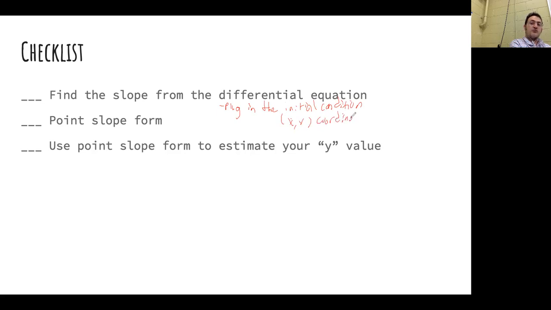And you are given the x and y coordinate in these problems. Then you want to use point slope form to come up with a general equation for the approximation. And what we do essentially is that we move that y1 to the other side. And this gives us our linear approximation.